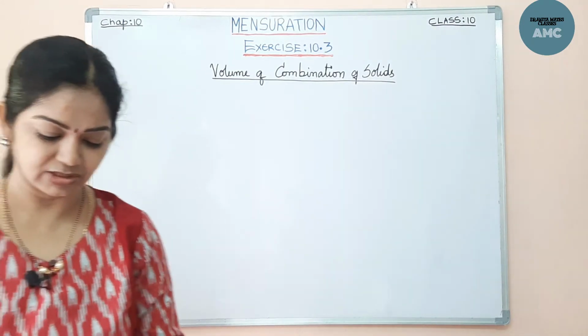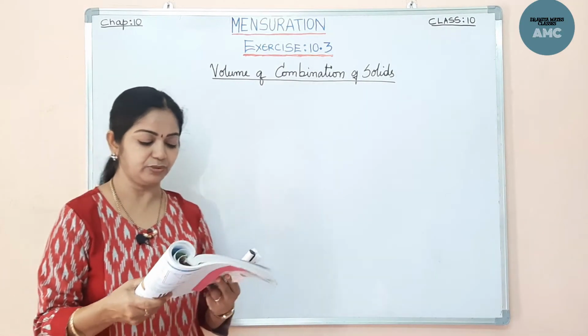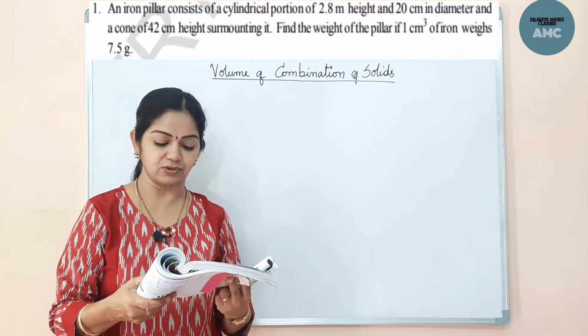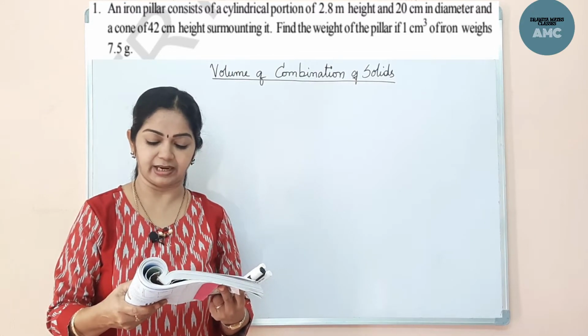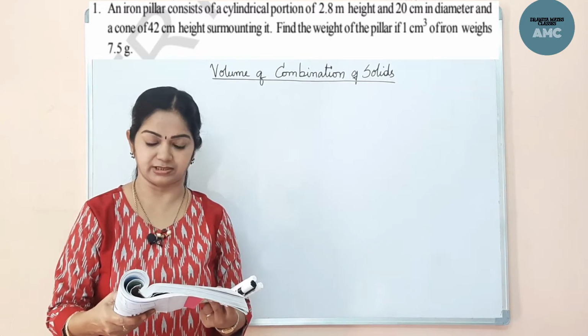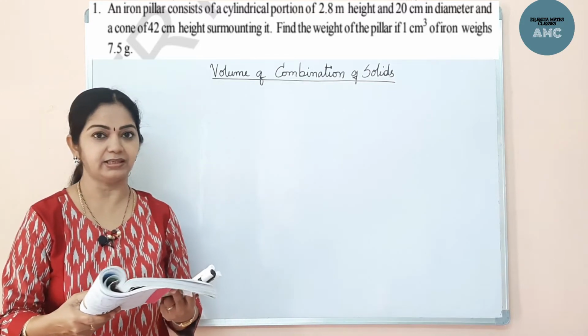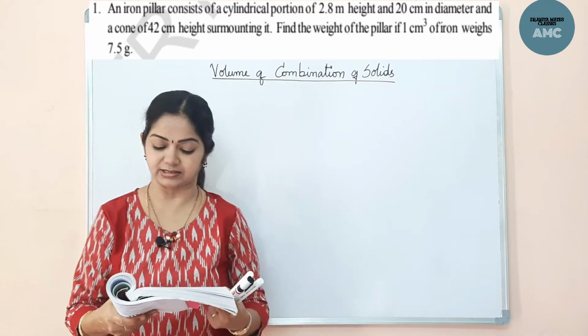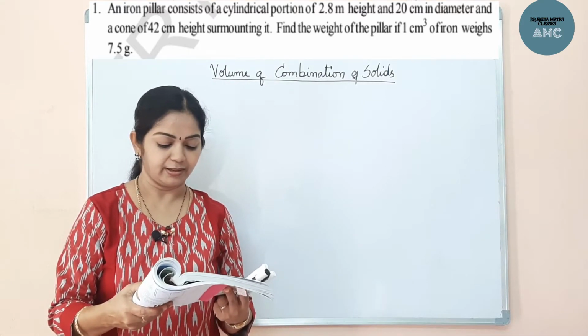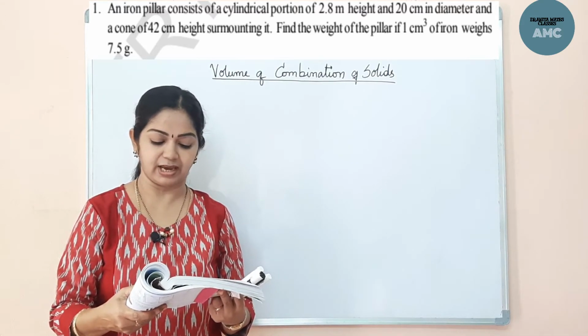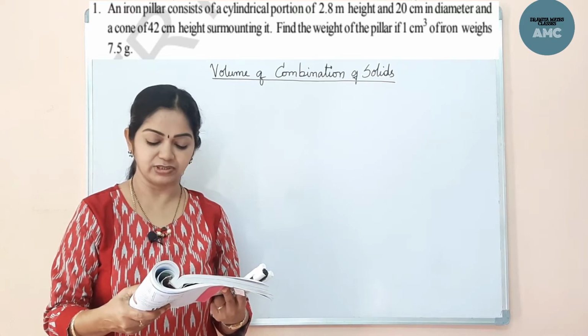Now exercise 10.3, first problem I'll read out for you. An iron pillar consists of a cylindrical portion 2.8 meter height and 20 centimeters in diameter. This iron pillar is a combination of two solids, that is a cylindrical portion and a conical portion. Now cone of 42 centimeters height surmounting it.